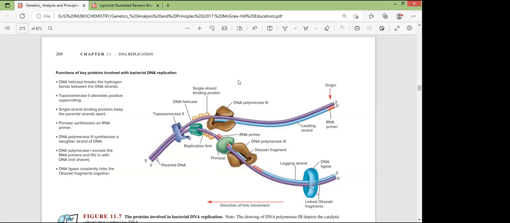And now there is a strand that is in a 5' to 3' direction, and this one is in a 3' to 5' direction. But we will cover that a bit later. Okay, so DNA helicase, what has it done?